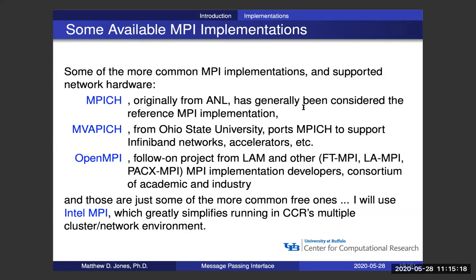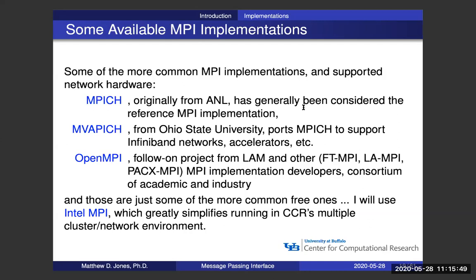It basically takes MPICH and adds functionality for a lot of specialized networks and adapters, like InfiniBand. OpenMPI is basically all of the other open source projects that existed over the last couple of decades that grouped together and contributed towards another open source implementation of MPI. So if you're using the package manager on your Linux workstation or your Mac laptop or whatever is available to you, you can easily grab one of these open source implementations and install it.